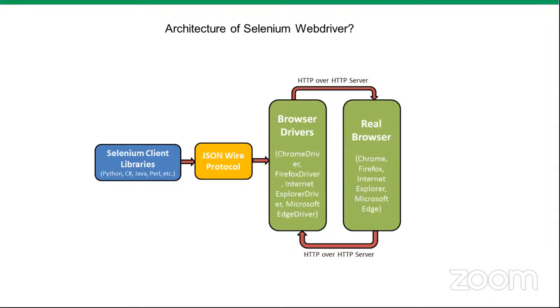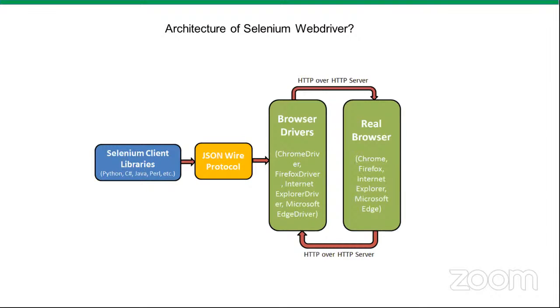Then we have browser drivers. That is chromedriver.exe for doing activities in Chrome, and the Firefox driver for Firefox. Similarly, for all other browsers, we have browser drivers. These two components, the client libraries and browser drivers, interact using a protocol named JSON Wire Protocol.